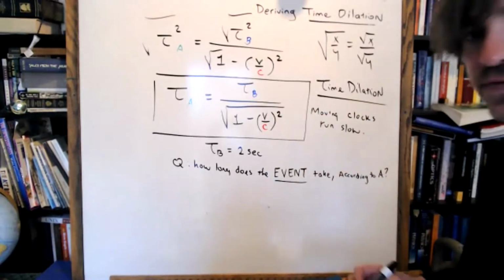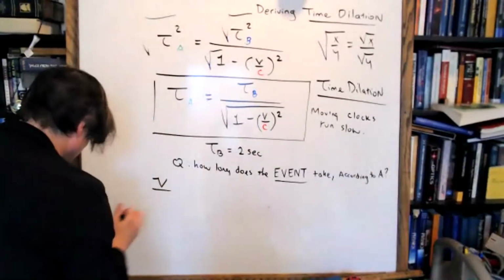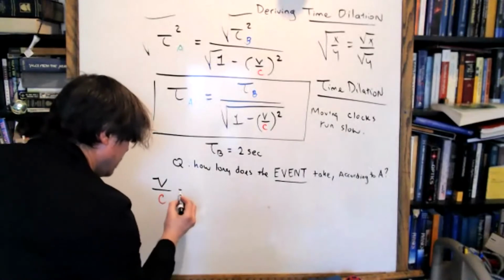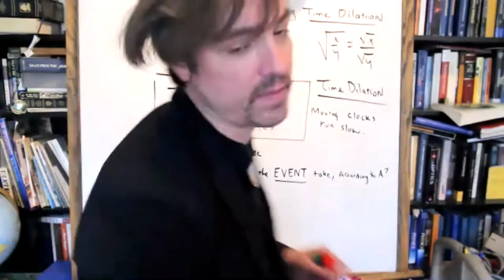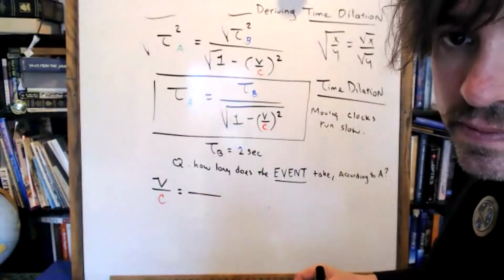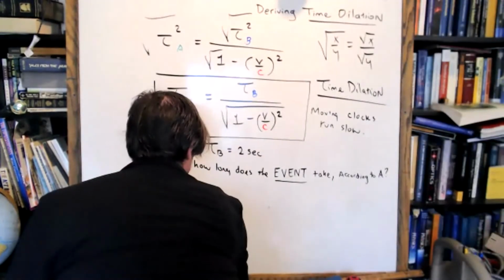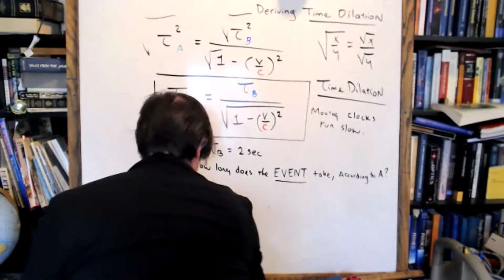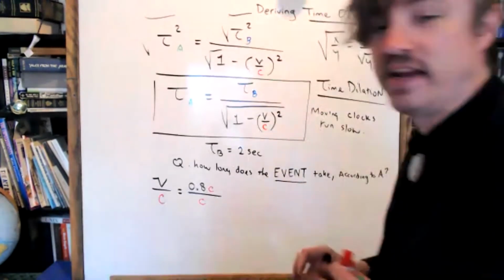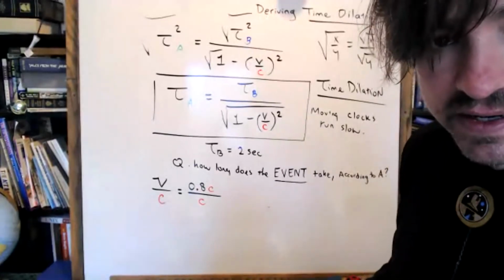Okay, first I want to convince you that V divided by C is equal to the following thing. Do you remember what the velocity of the cart was? 80% C. Watch me substitute in for V: 80% C divided by C. So it's 80% the speed of light divided by the speed of light.